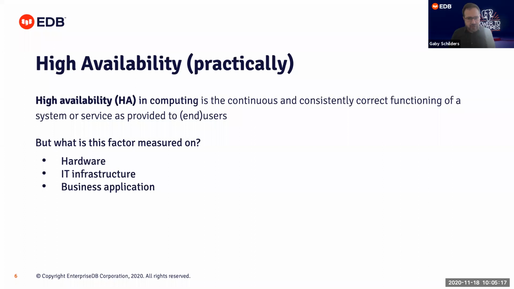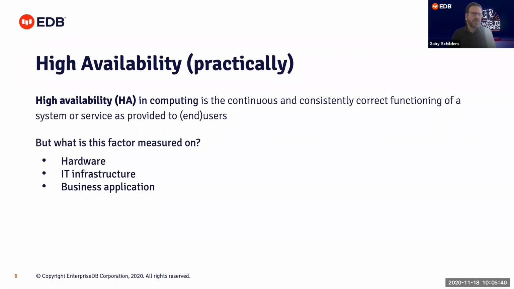However, you can measure high availability as a value, but what are you measuring on? And that again is one of those contentious questions, because are you just looking at the hardware, the underlying hardware, and how available it is? Or are you more interested in the IT infrastructure, for instance, things like networking?